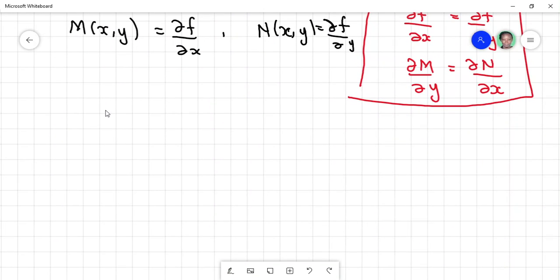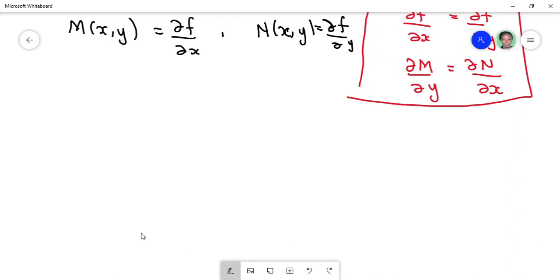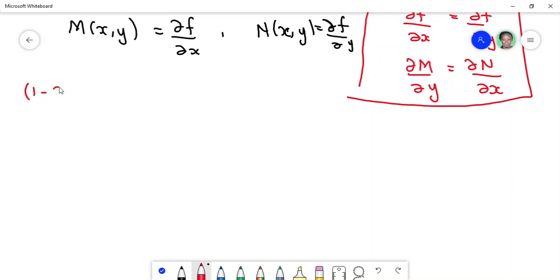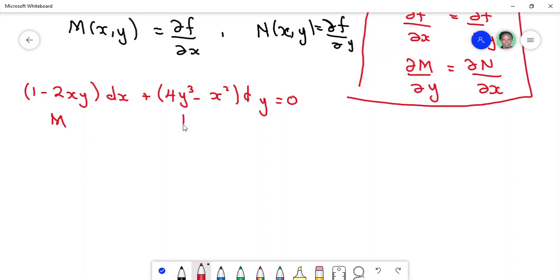So let's look at this. If I have this differential equation, 1 minus 2xy dx plus 4y cubed minus x squared dy equal to 0. What do you see? You realize that this is my M and this is what?